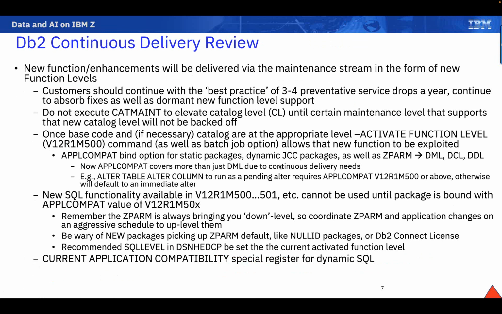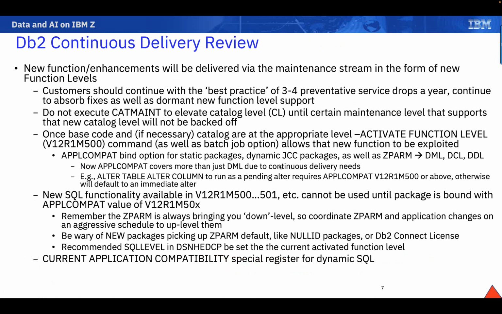So what we recommend here is, some customers early on would say, I'm going to get the maintenance level 504, then I'm going to run the CATMAINT to get to 504, and then I'm going to get to the function level at 504 on the same window. The problem is that if there was a problem with your maintenance, and for whatever reason you had to back out PTF 1, 2, 3, 4, 5, and that supported function level and catalog level 504, you couldn't back that PTF off.